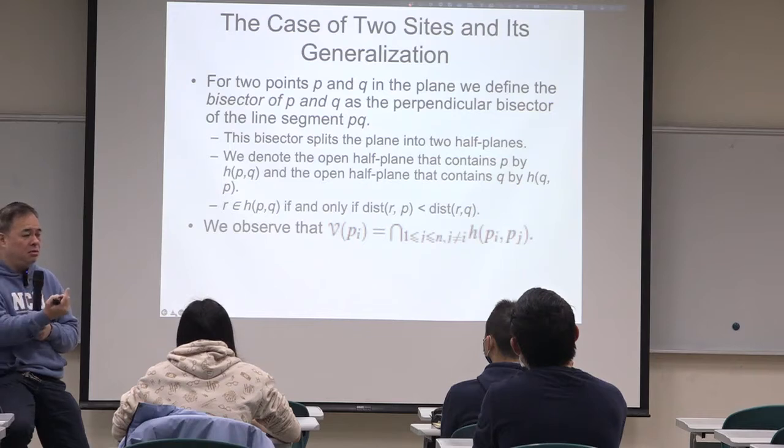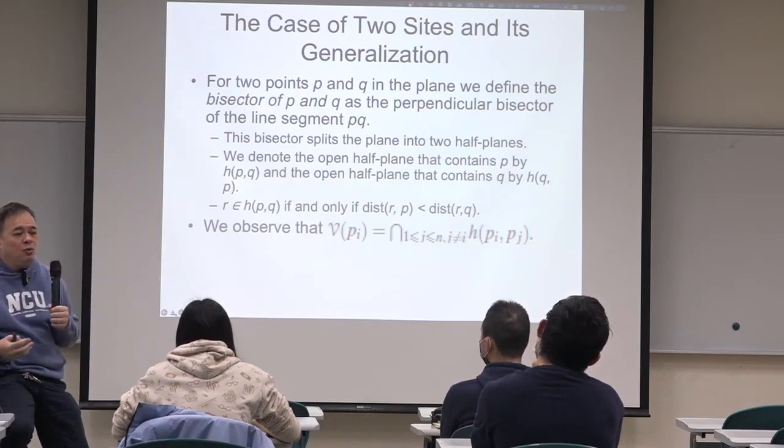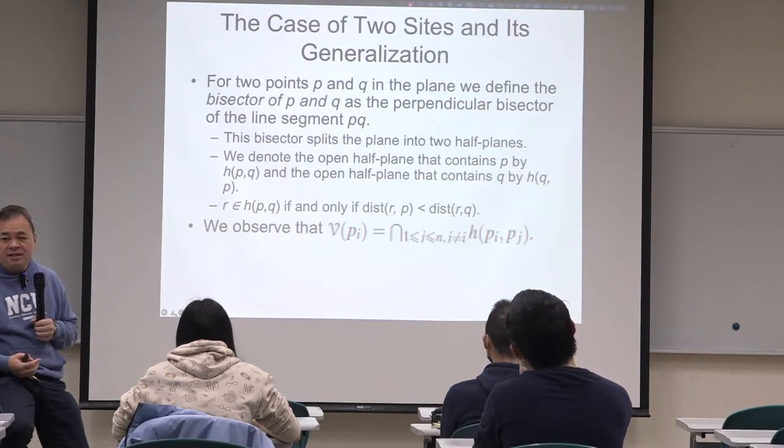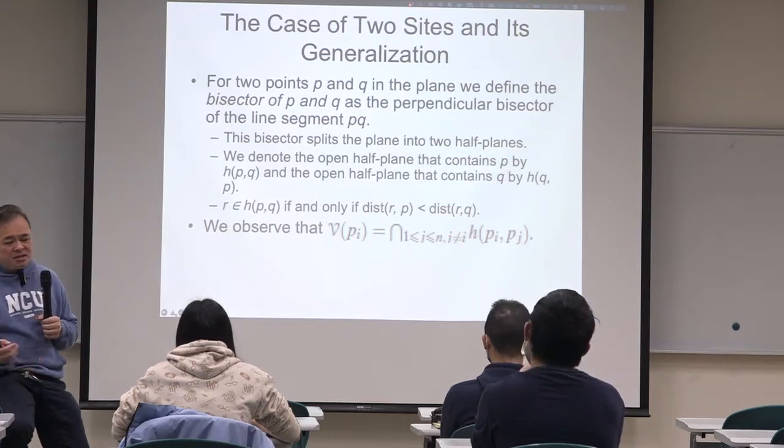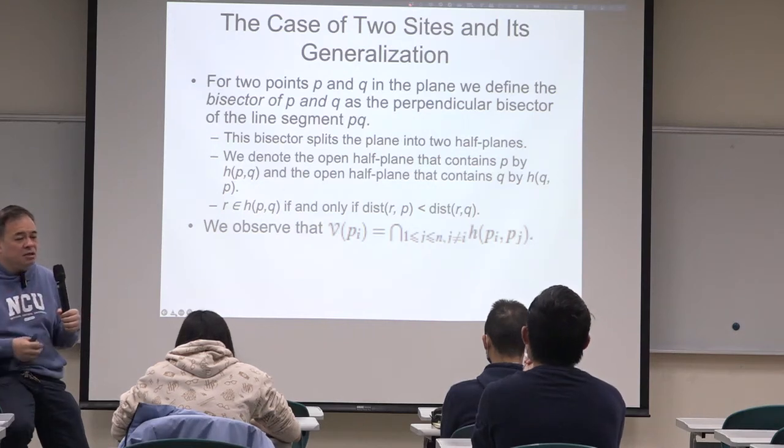Because the nearest site, of course, is that single site. So the whole two-dimensional plane would be one single cell for that particular site. Obviously this is not very challenging. So now let's take into account two sites.